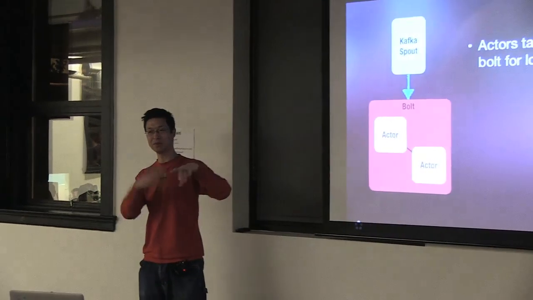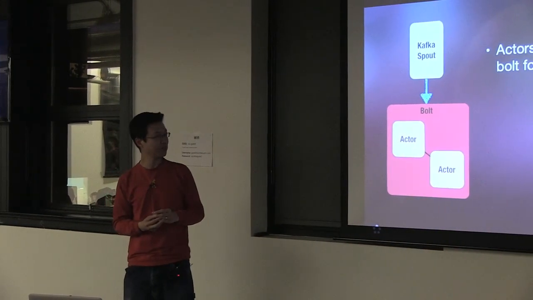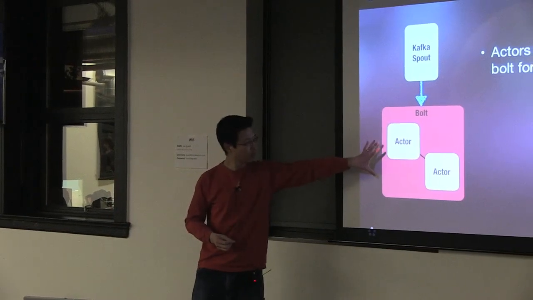So forgive me if this is a slightly advanced topic. You can think of bolts sending messages to each other. It's kind of like actors, but more of a Java-ish API. But what happens is that these run on one machine.